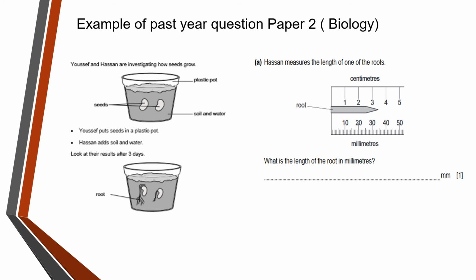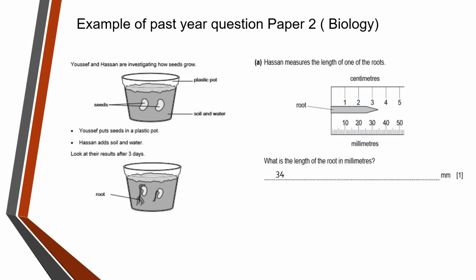Hassan measured the length of one of the roots. So Hassan places the root on a ruler and he measures the length of the root. What is the length of the root in millimeters? If you can see it on the paper, you can see that it is 34 millimeters, but it could be 34 millimeters.